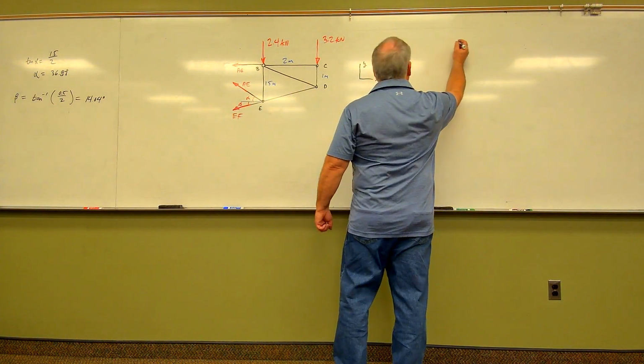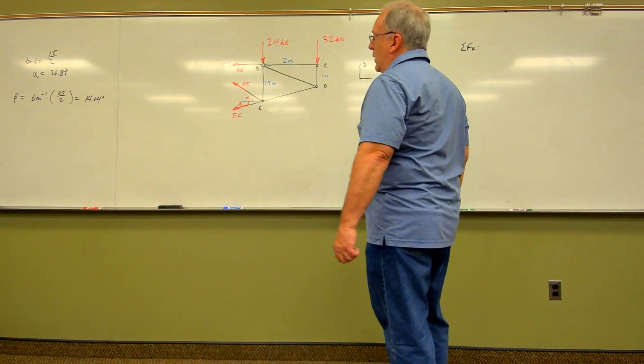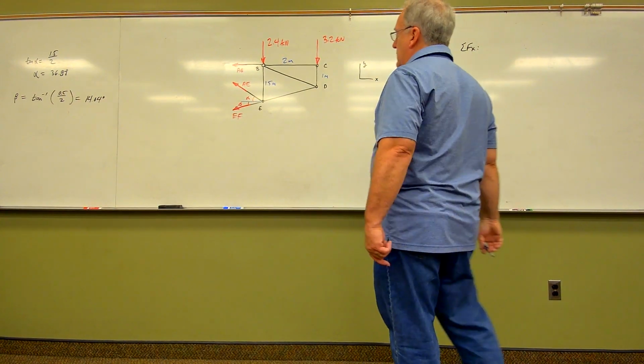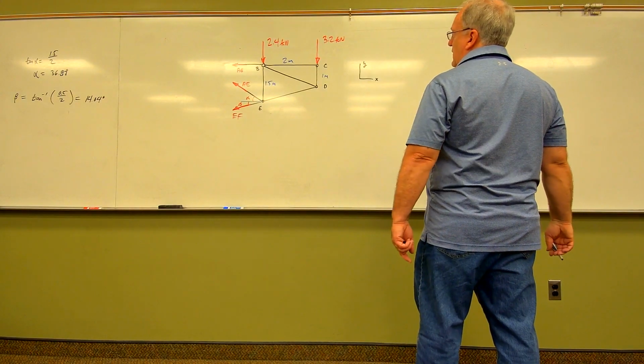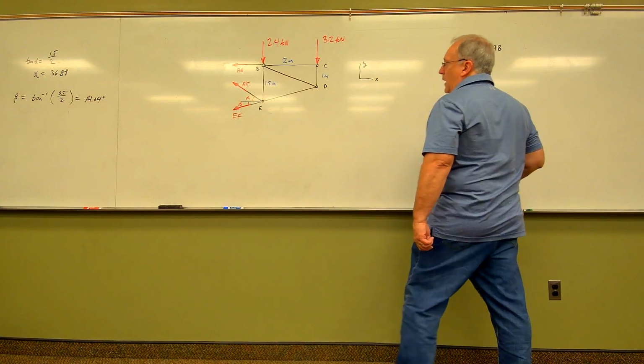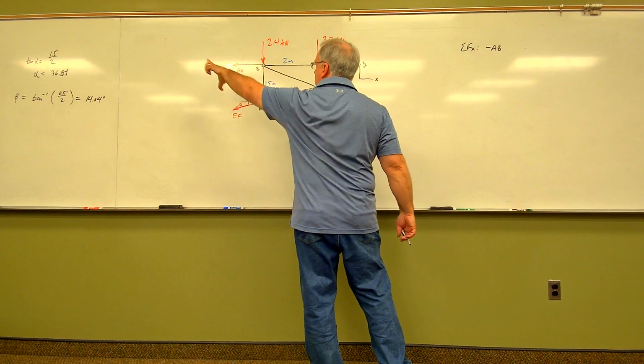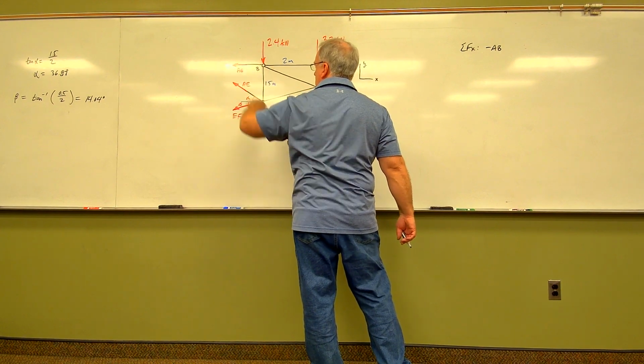So if I sum forces now in the x direction, just so you know, I'm just going to write the equations. I'm not going to solve this. I'll tell you what the outcome is in a second. If I sum forces in the x direction, I'm going to have minus AB. I'm going to have the x component of AE here. So keep in mind, AE, EF, AB, they're all tending towards negative x.